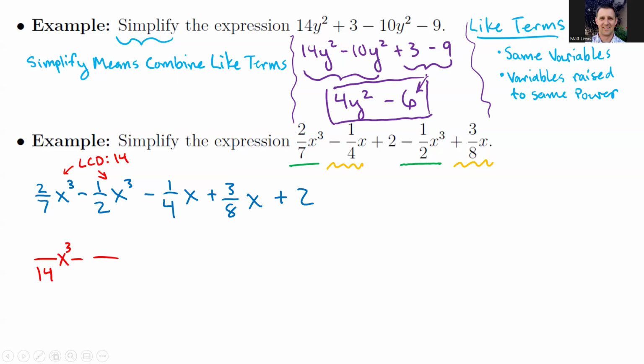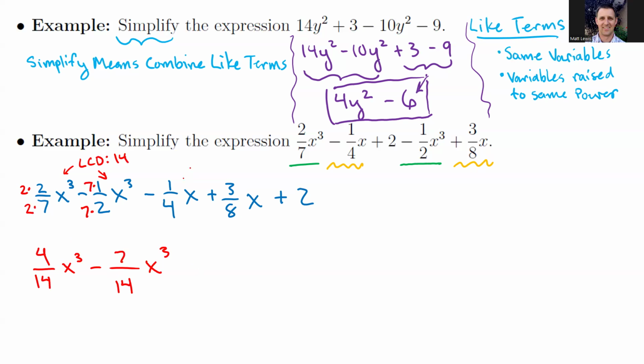Sorry, I didn't give myself enough space there. Let me fix that. So 14 on the bottom, x cubed, minus 14 on the bottom, x cubed. To make the 14 on the bottom of this one, I have to multiply top and bottom by 2, and multiply the top and bottom of this one by 7.